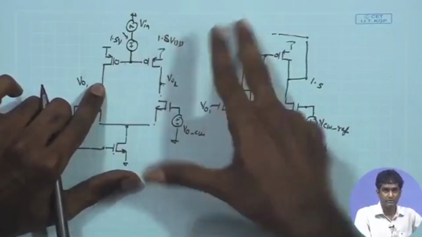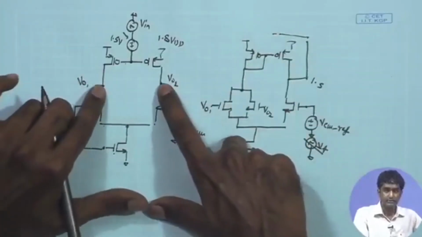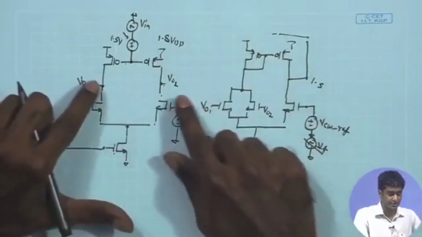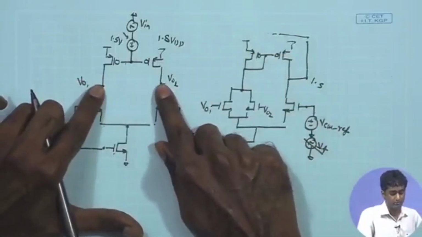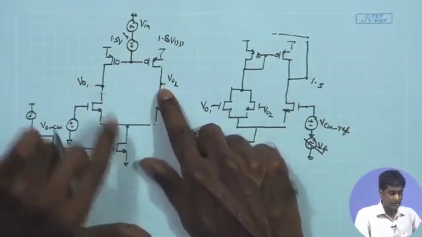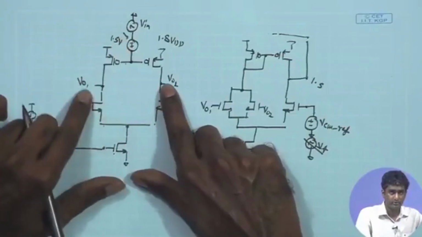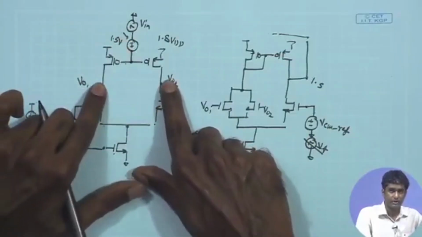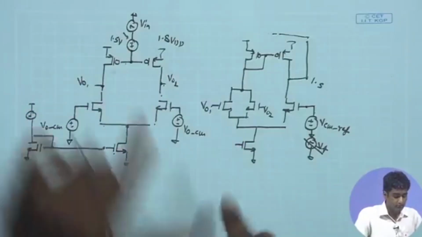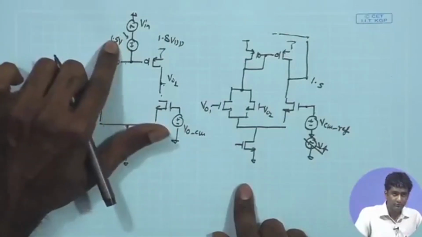The open loop gain of these amplifiers, the two stages overall, can be 10 to the power of 4 or higher, and as a result, each of these stages, the differential stage and after that the common source stage, can have a gain of 10 to the power of 2 or higher. So, few hundreds, it can reach 1000, and as a result, a few millivolt of shift in this 1.5 can also result in a significant shift, hundreds of millivolt shift over here, and therefore, it will be prudent to read these values carefully in the simulation.